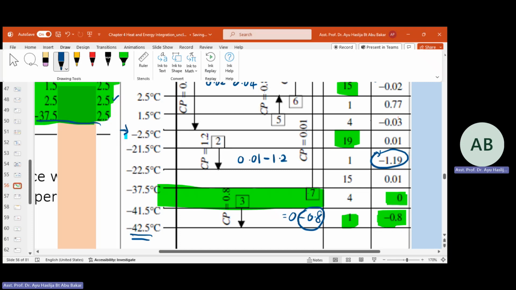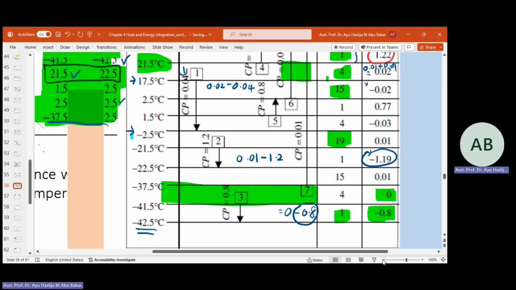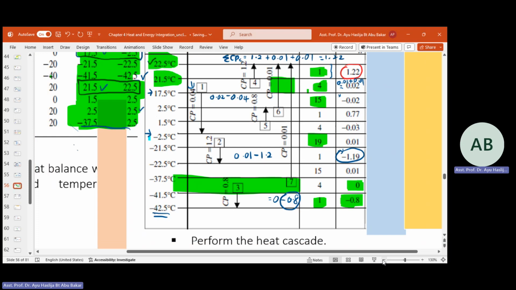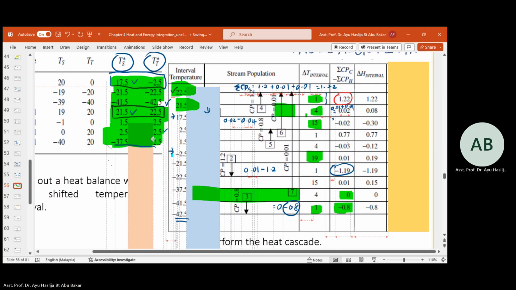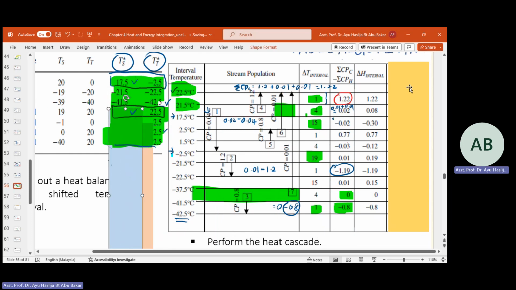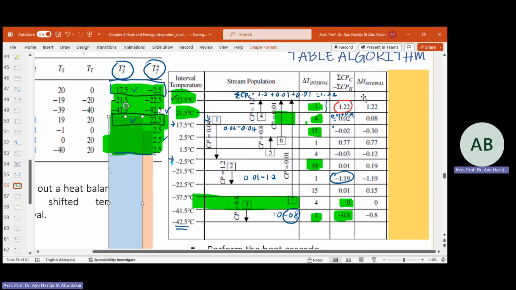Now we need to find the delta H for each zone, for each interval. Delta H is the CP multiplied by delta T. That's how you get this figure: 1.22 multiplied by 1.